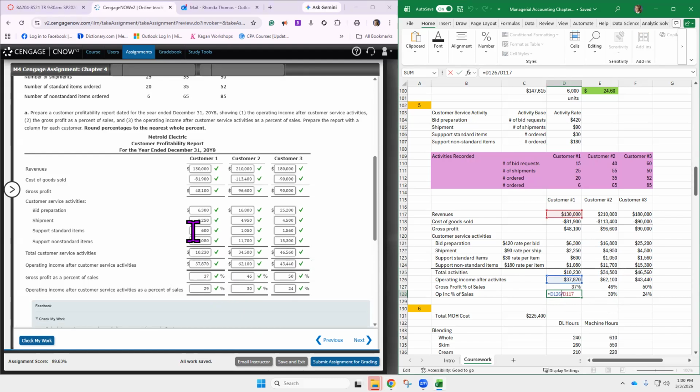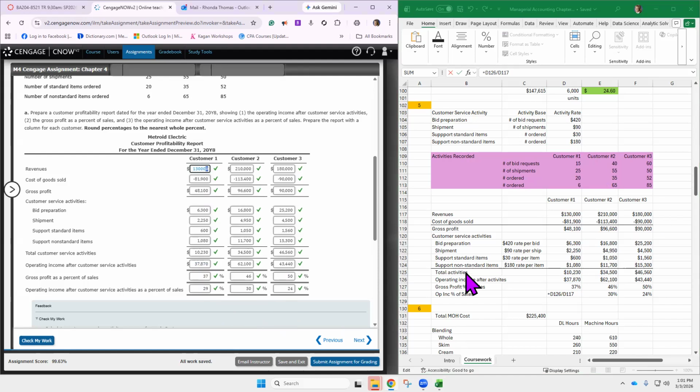And then you need to subtract from up here to give you the income after customer service activities. Then you take that number divided by revenue and you get different percentages.